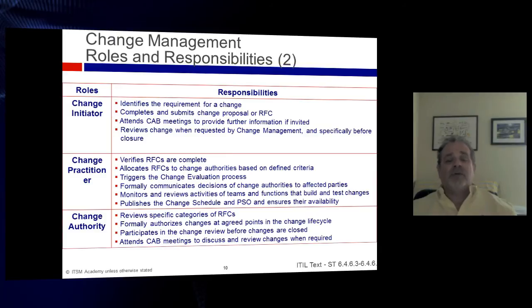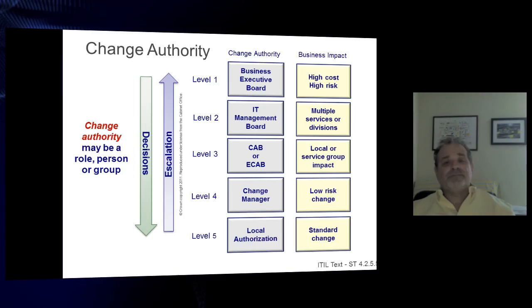They'll allocate the requests for change to the change authority. They'll formally communicate those change authority decisions to whoever the affected stakeholders might be. And then we have the overall change authority, and they're going to review specific categories of requests for change, and they'll formally authorize the changes at agreed points in the change lifecycle.